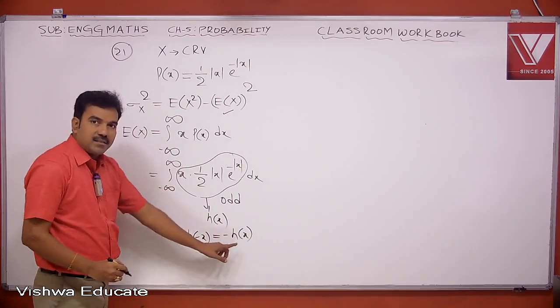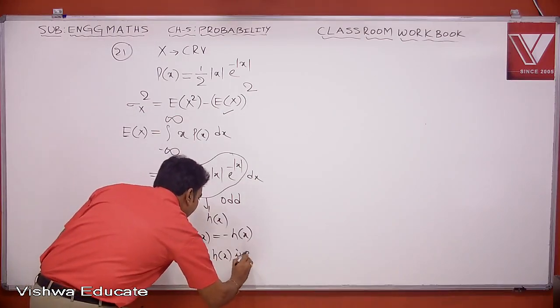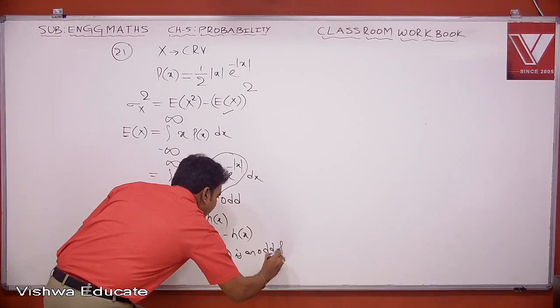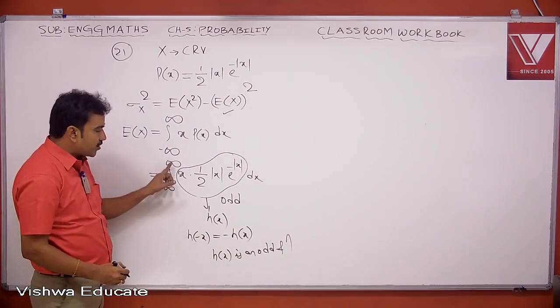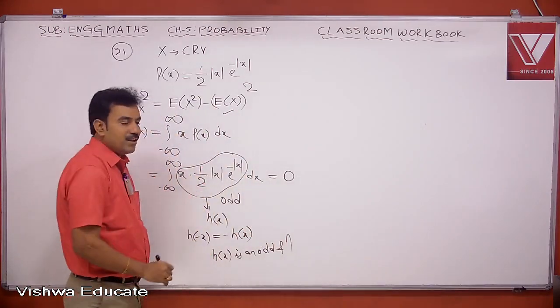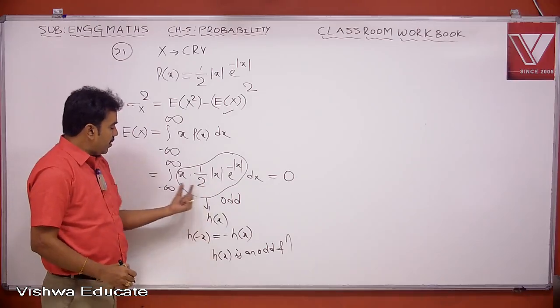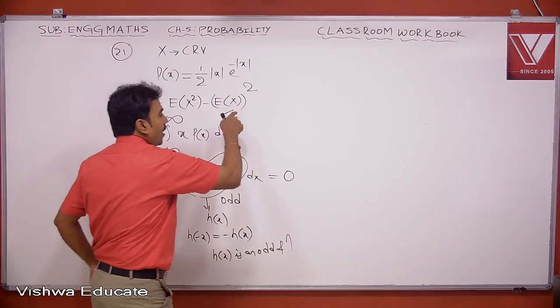So h of minus x is minus h of x. Therefore this h of x is an odd function. So when you integrate an odd function between the limits of minus a to plus a, what is its value? The value is 0. When you integrate an odd function between the limits minus a to plus a, the result will be 0. So the mean value will be 0.